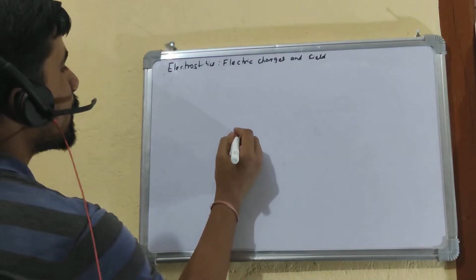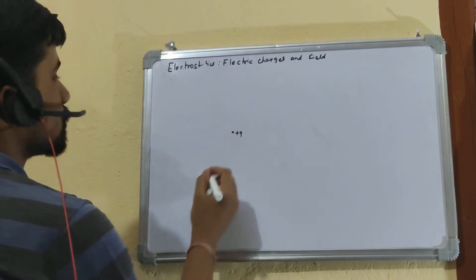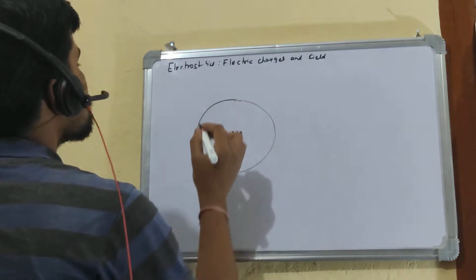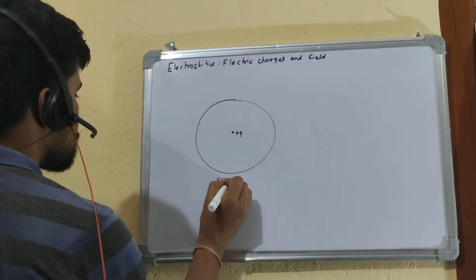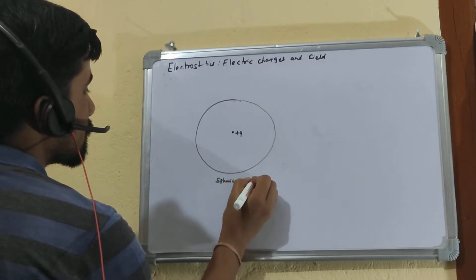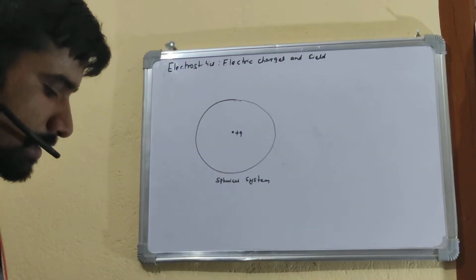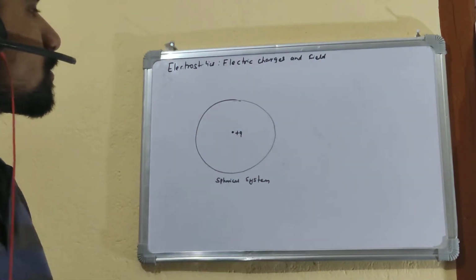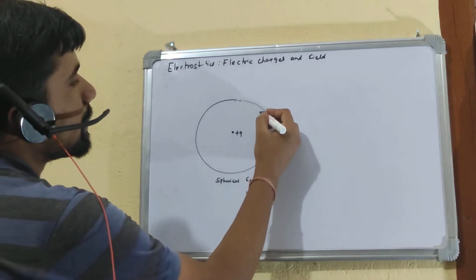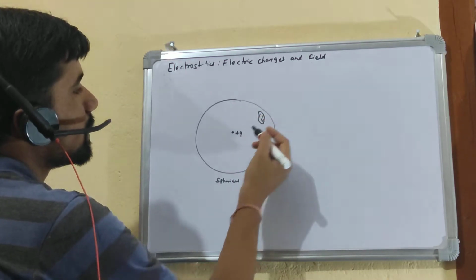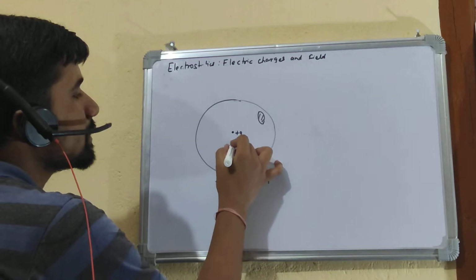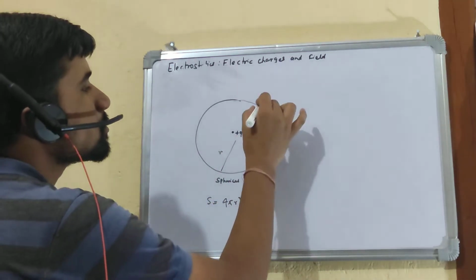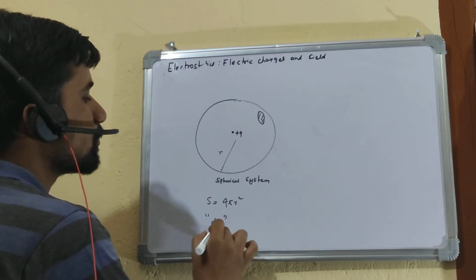So let's say we have a point charge plus Q, and it is placed in some kind of spherical system. Let's say I cut a small area from this sphere. The net area is S, the radius of this sphere is R, so the net total area will be 4 pi r square, and I cut a small area ds, which is the area of my interest.